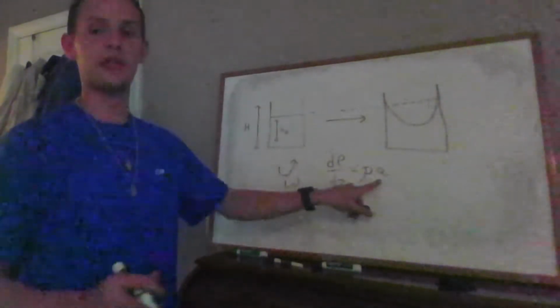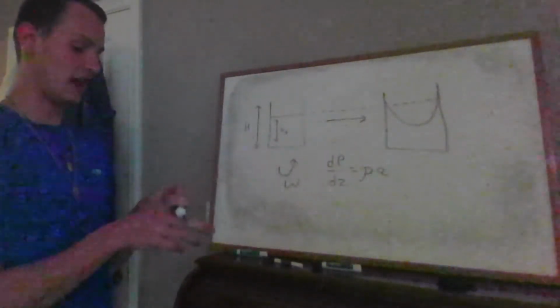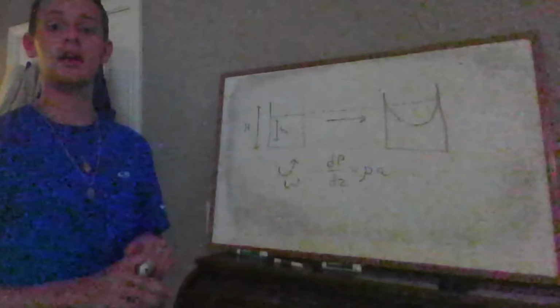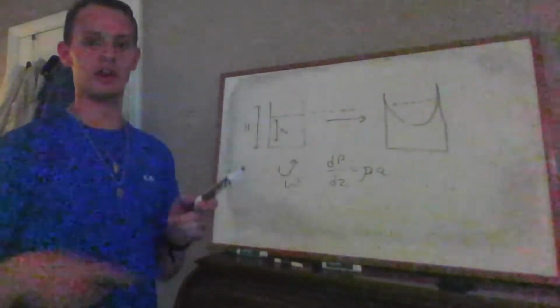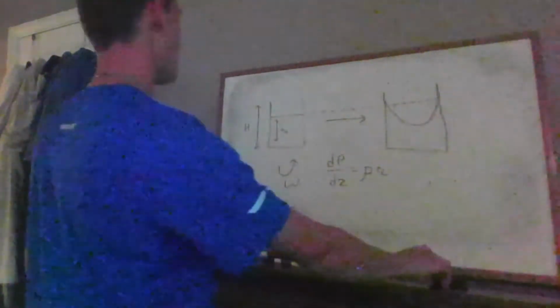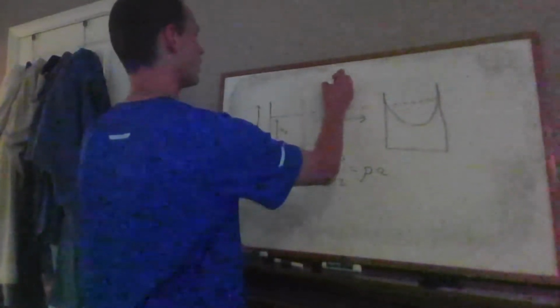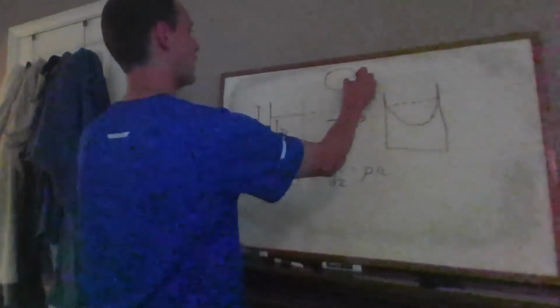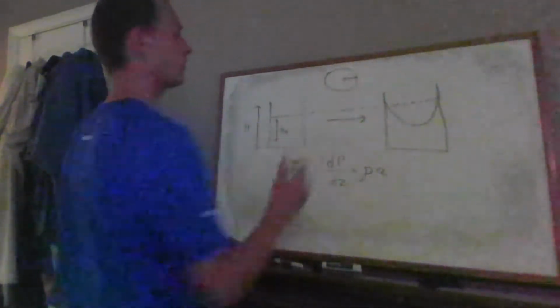I want to talk about this acceleration, especially in the case of our turntable, right? So we're spinning this in a circle. So hopefully we remember that that acceleration vector in a circle is always pointing towards the center, right?